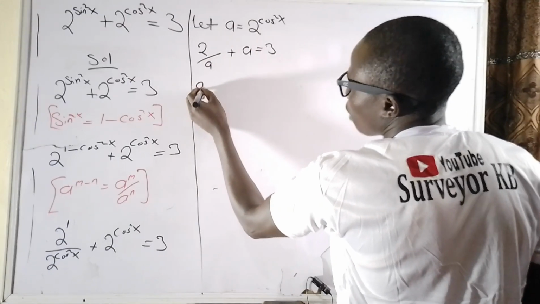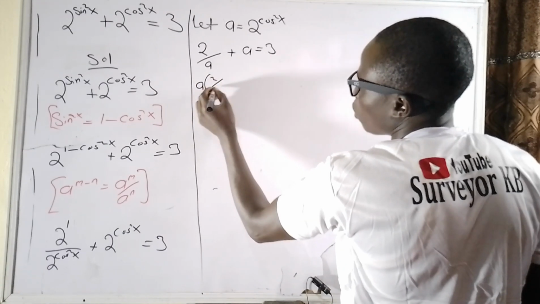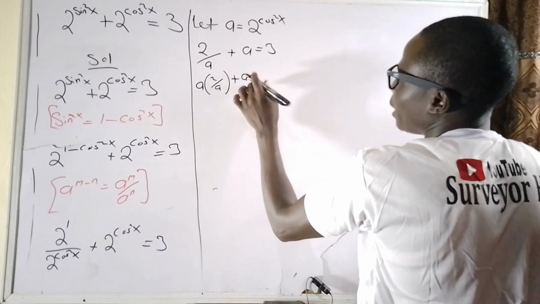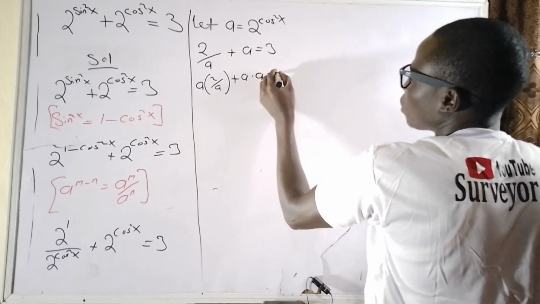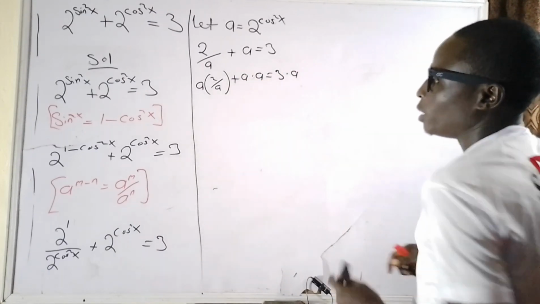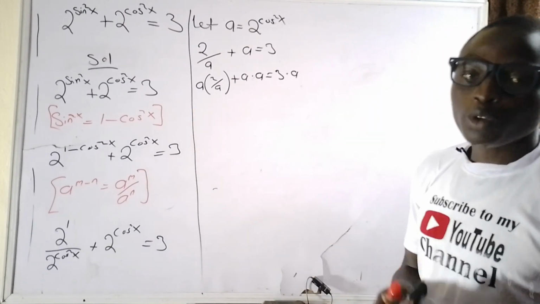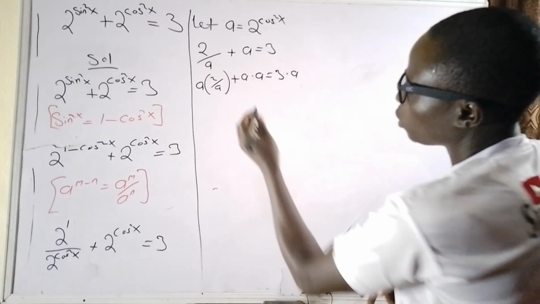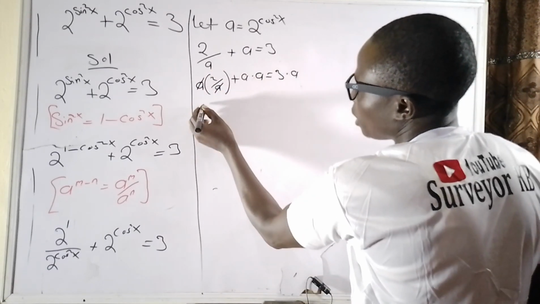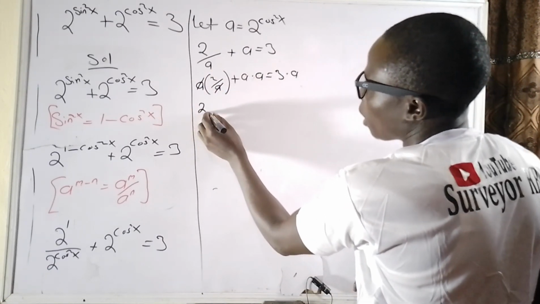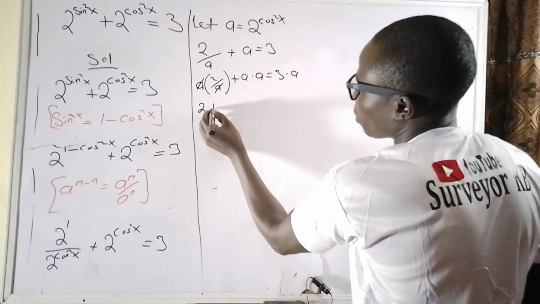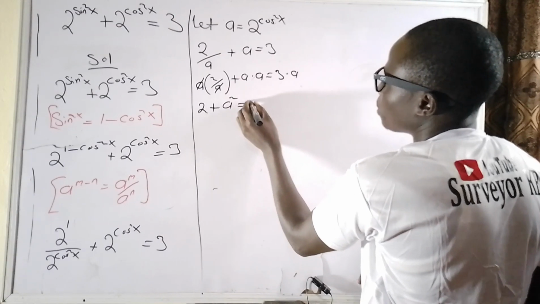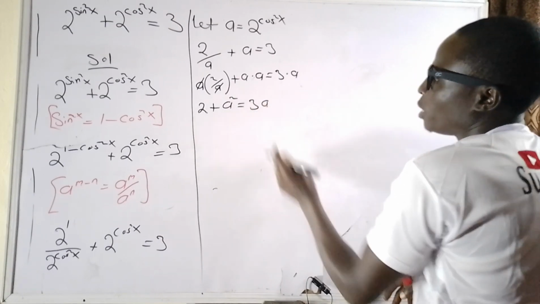Multiplying by a, that means I have a multiplying 2 over a, plus a multiplying another a, is equal to 3 multiplying a. That means I multiplied each individual term by a so as to clear this particular fraction, so that this a will go with this a. I will have 2 plus a times a is a squared, is equal to a times 3 is 3a.